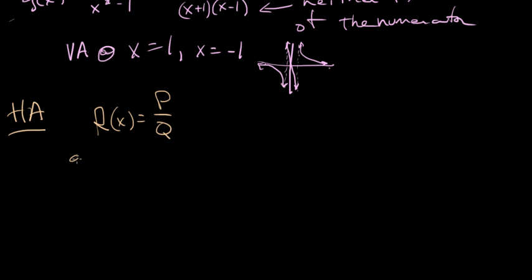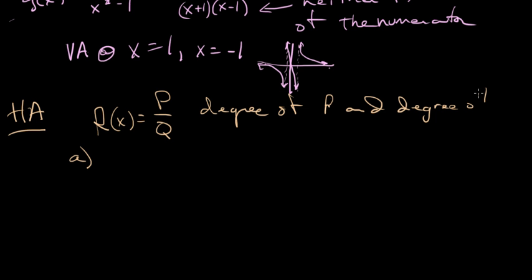There are three different possibilities, okay? We're looking at the degree of p and the degree of q. So I might abbreviate that degree p and degree q.